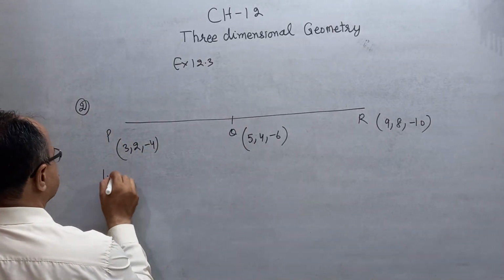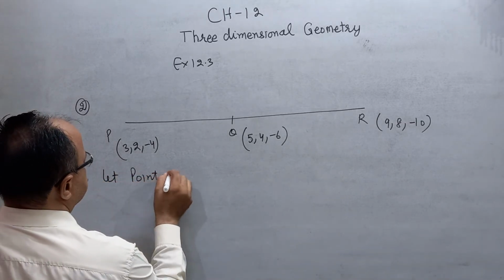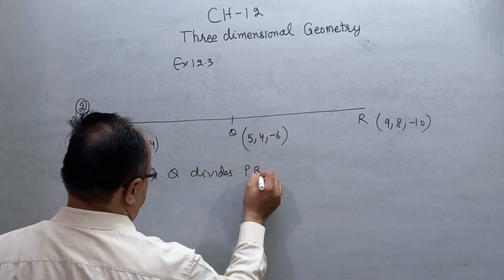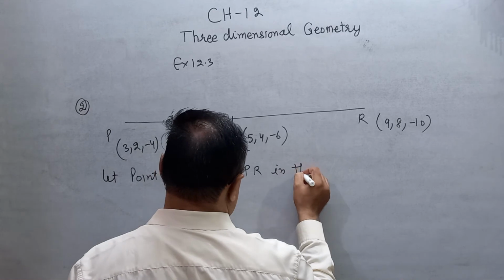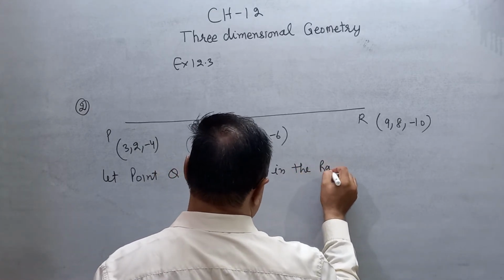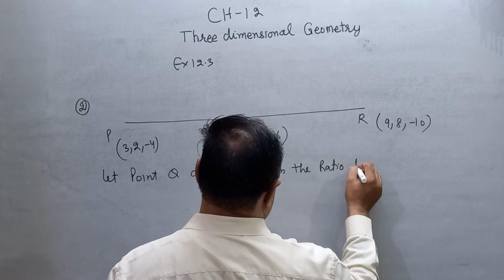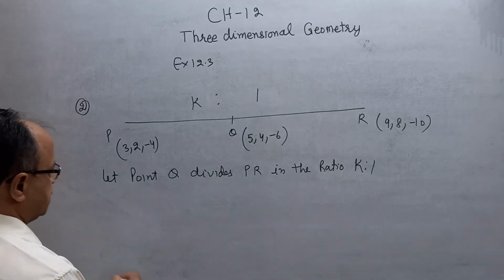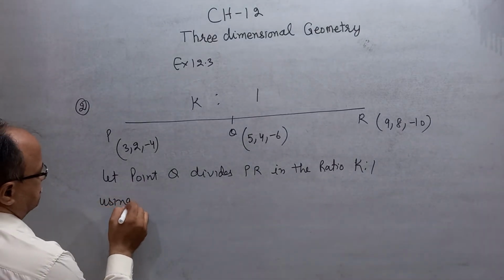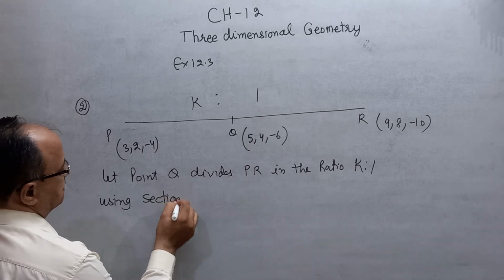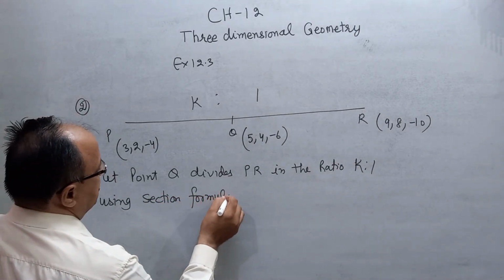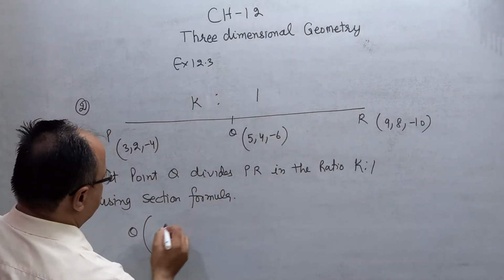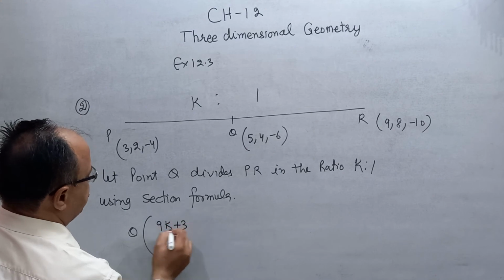Let point Q divide PR in the ratio K is to 1. Using the section formula, find the coordinates of Q. You know that K into 9, 9K plus 3 divided by K plus 1.